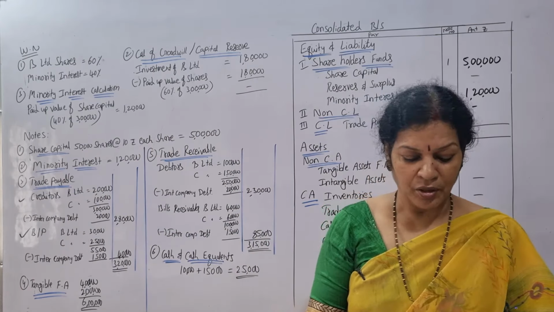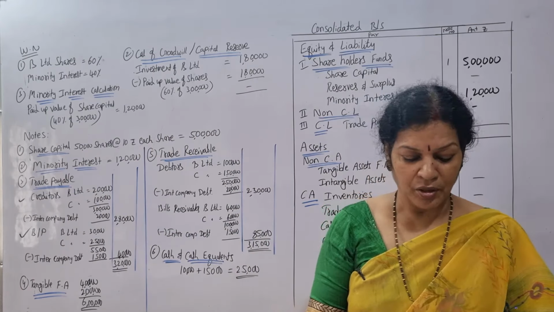Now creditors, how much is it? 2 lakh and 1 lakh, which comes to 3 lakh. First intercompany transaction, number one in additional information: we have 20,000 related to the debtors and creditors. That is to be deducted. 20,000 we have deducted. So 3 lakh minus 20,000 comes to 2 lakh 80,000 on the outer column.